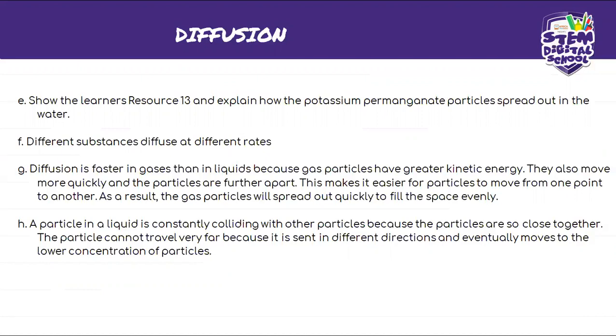Diffusion is faster in gases than in liquids because gas particles have greater kinetic energy. They also move more quickly and the particles are further apart. This makes it easier for particles to move from one point to another. As a result, the gas particles will spread out quickly to fill the space evenly.